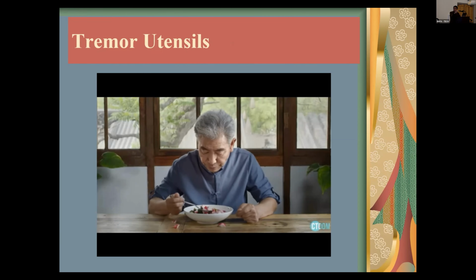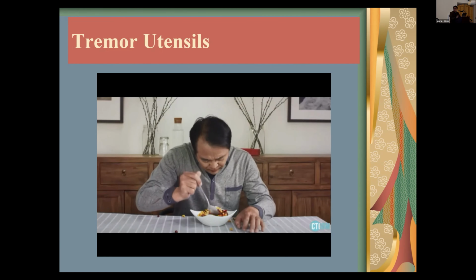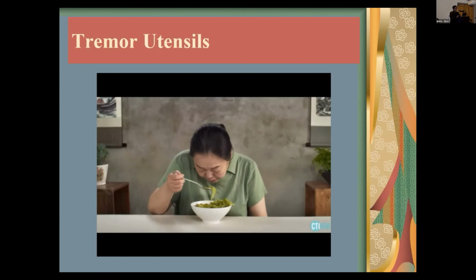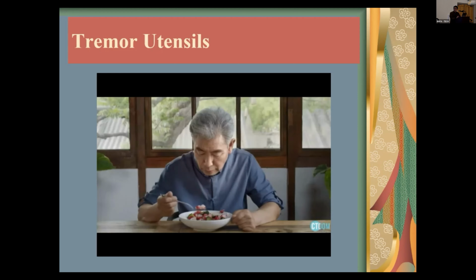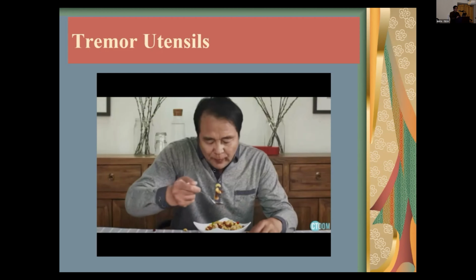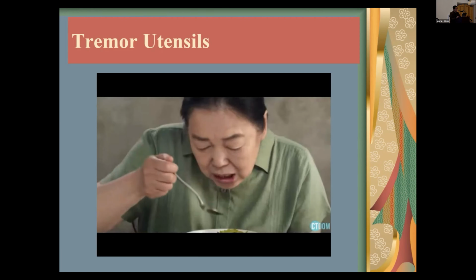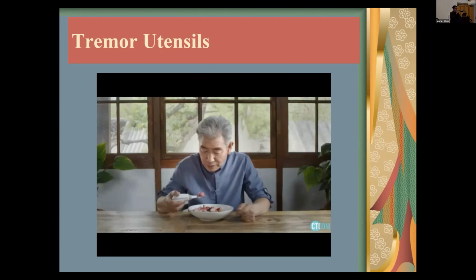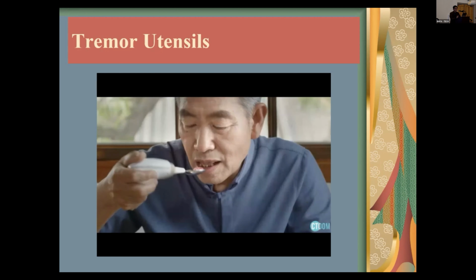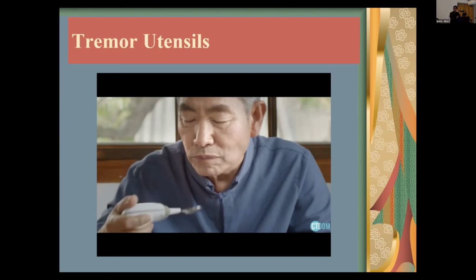The next even more common thing we see are just tremor utensils, spoons, forks, and knives you can buy online, even from Amazon. I think they're about $200 or $300 each. The spoon is about $200 or $300, and then the fork is another $200 or $300.